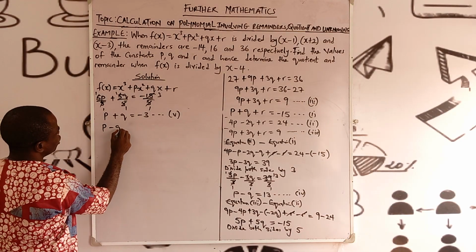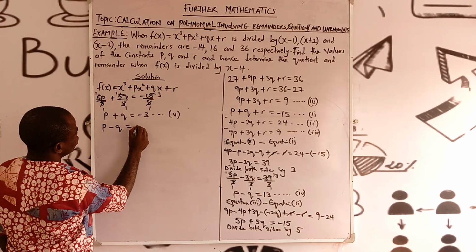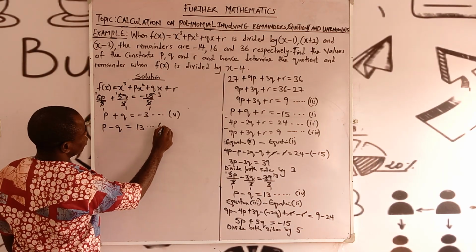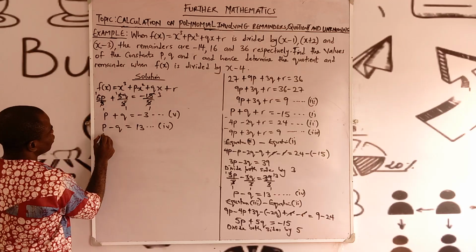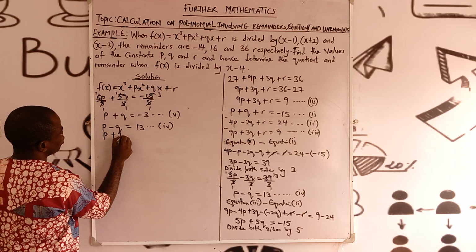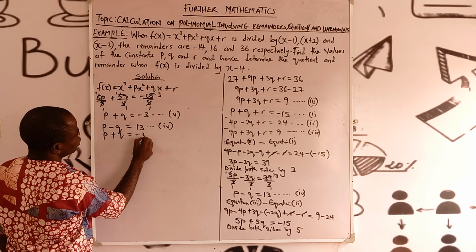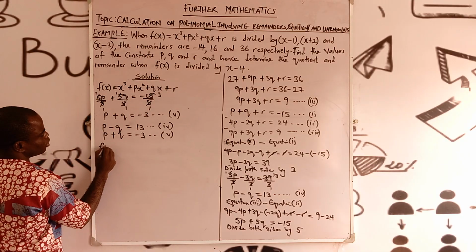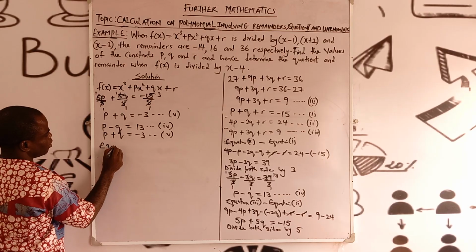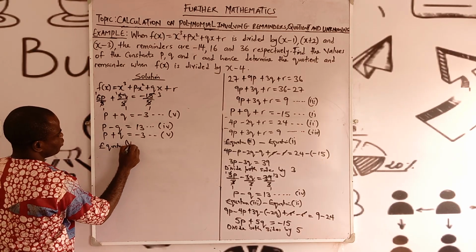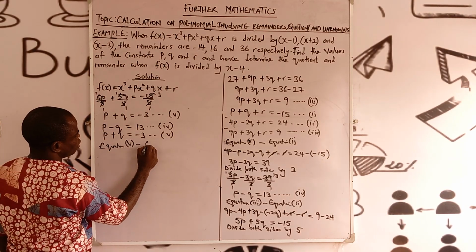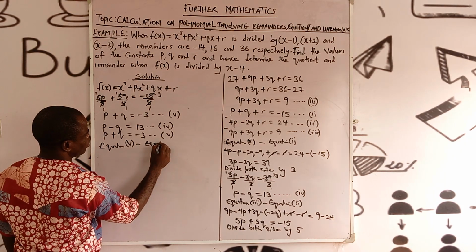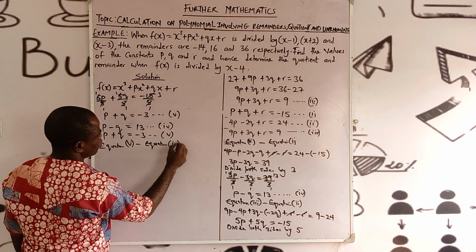Equation 4 is p minus q equals 13. And equation 5 is p plus q equals minus 3. You can say equation 5 minus equation 4.